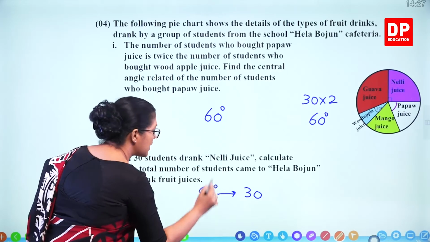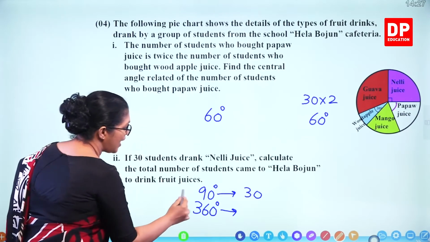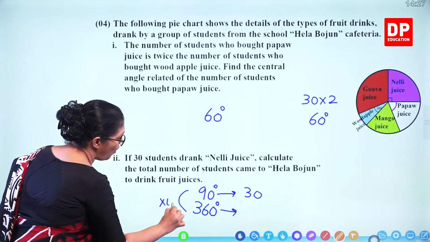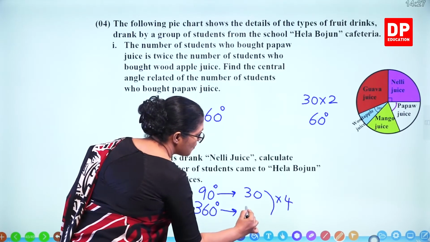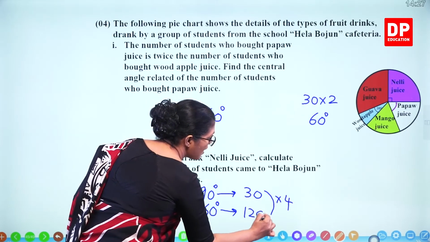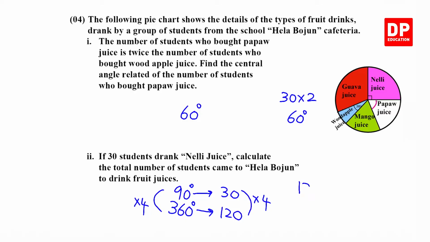So the full circle is the total number of students. That's 360. Can you see this is multiplied by 4? You multiply this by 4. 4 times 30, 120 students are there altogether.